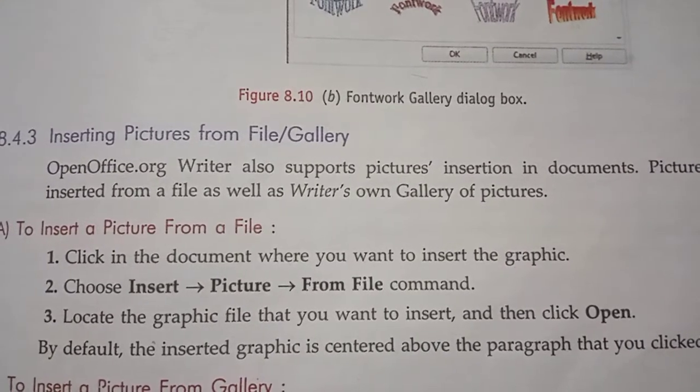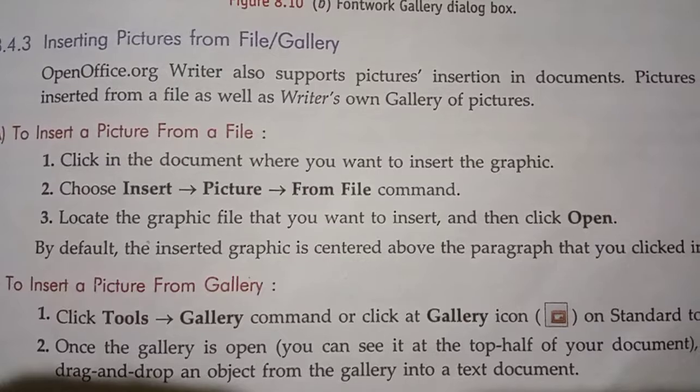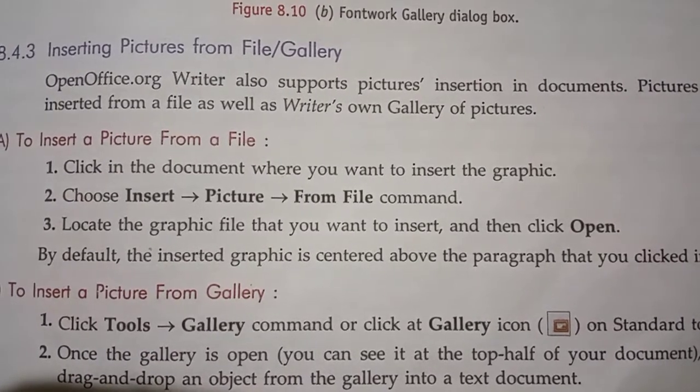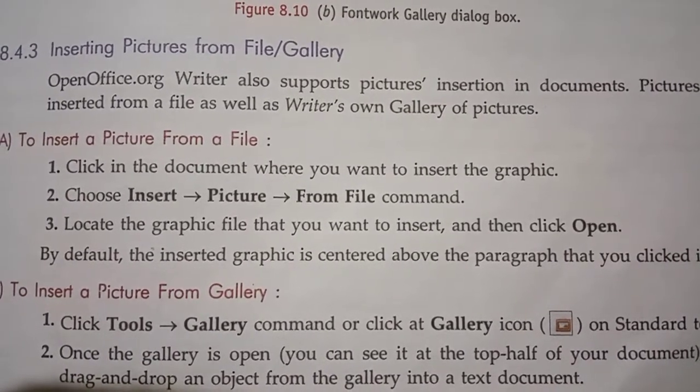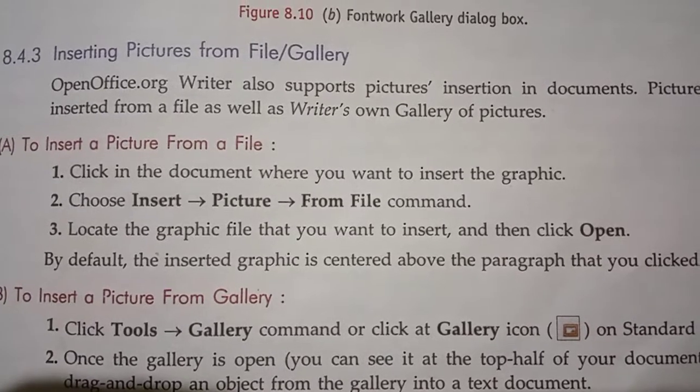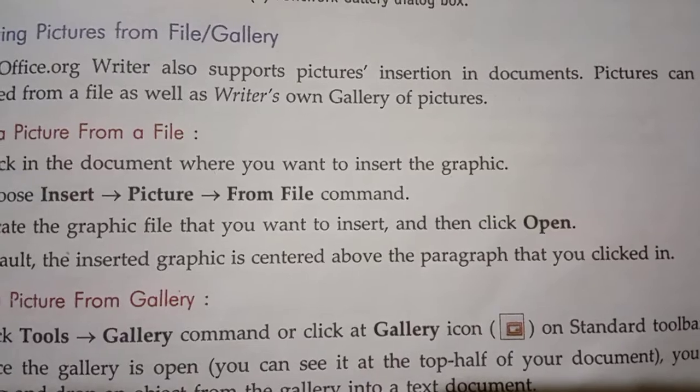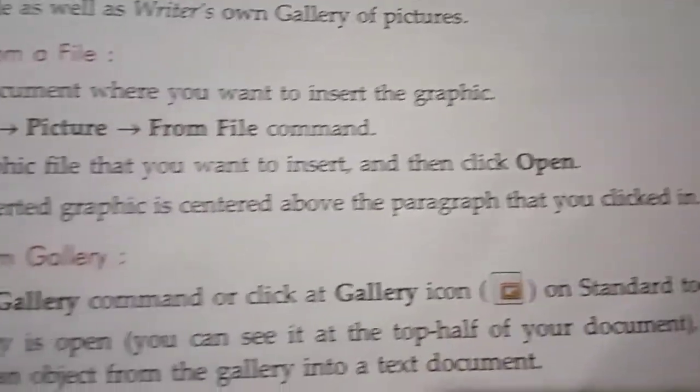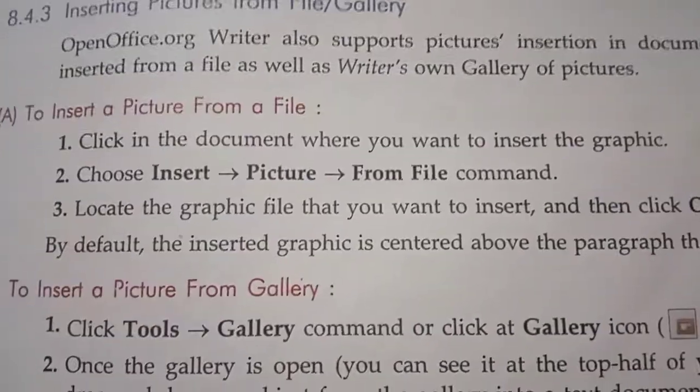Then how to insert a picture from gallery? In the Tools menu, the Gallery command is one option. Other one, a gallery icon is there in the standard toolbar. This is the symbol of the gallery icon, or you can use Tools, Gallery.